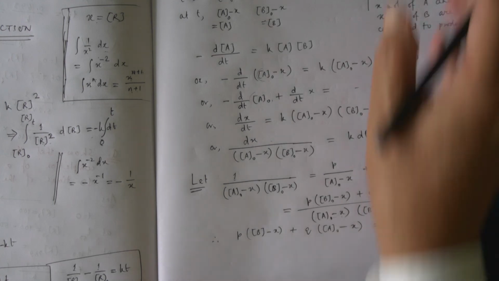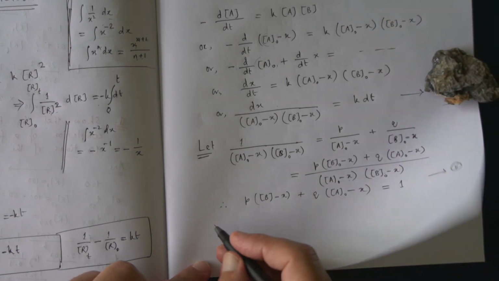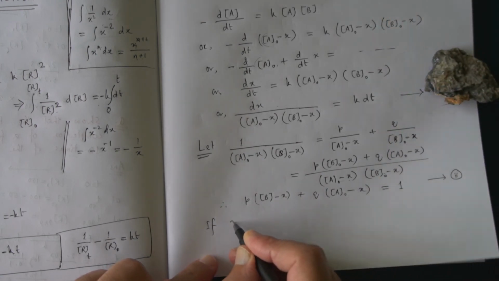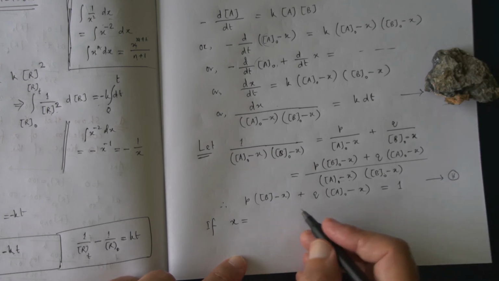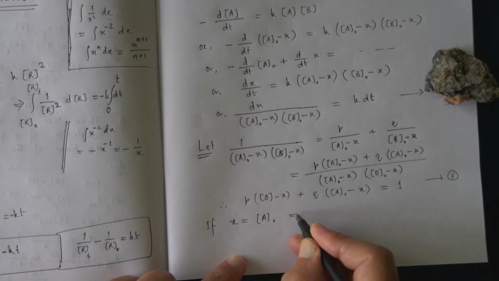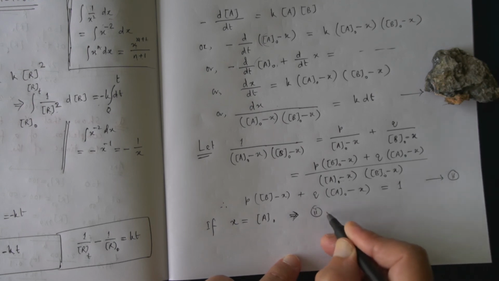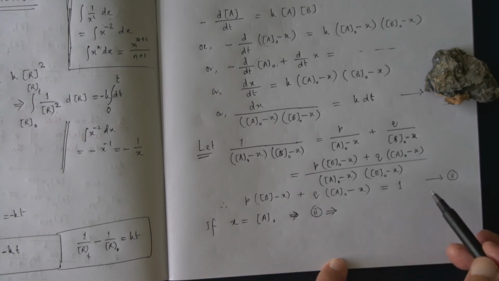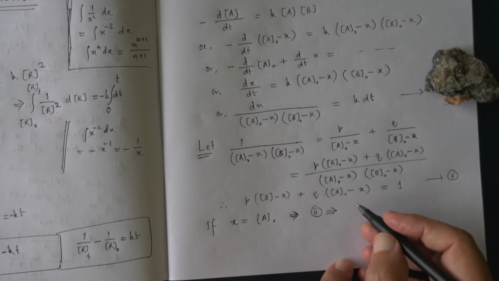Now here, if we put x equal to A naught, then what do we get from 2?